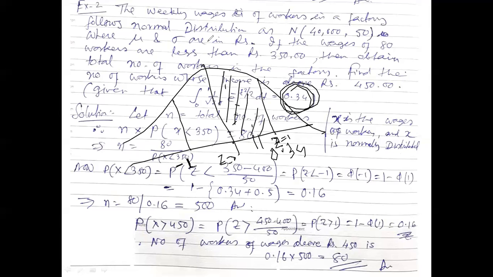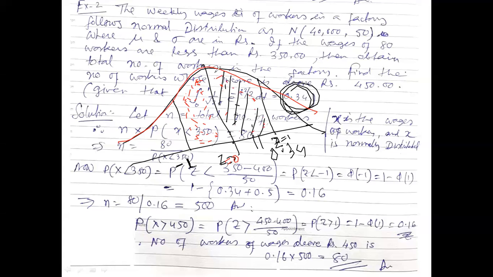The probability curve is a symmetric curve, symmetric meaning bell-shaped. That means the area under the curve between minus 1 and 0 is equal to the probability between 0 and 1.